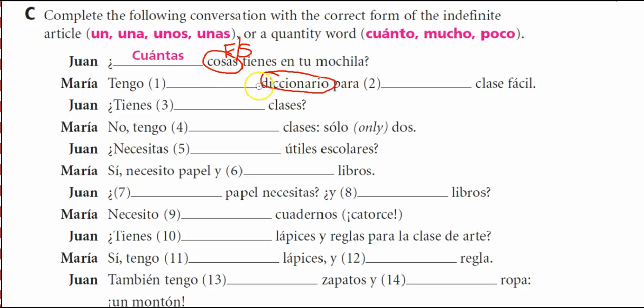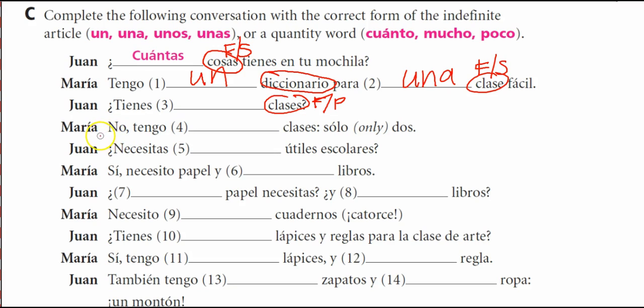For this sentence to make sense, I would use tengo un diccionario para una clase fácil, because clase is feminine and singular. Tienes blank clases. Well, clases we know is feminine, and this time it's plural. So I think if we look at the conversation, Maria is going to talk about how many classes she has.